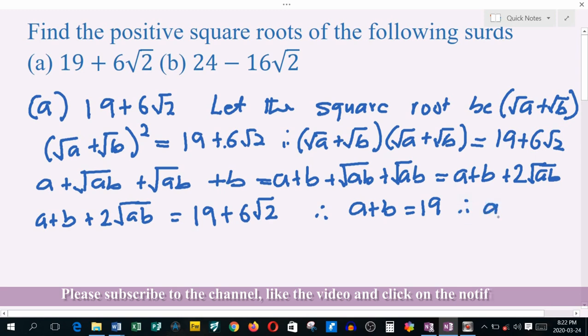Therefore, a is equal to 19 minus b. And 2 root ab is equal to 6 root 2. For us to have something similar, we have to remove the square root. So we square both sides.